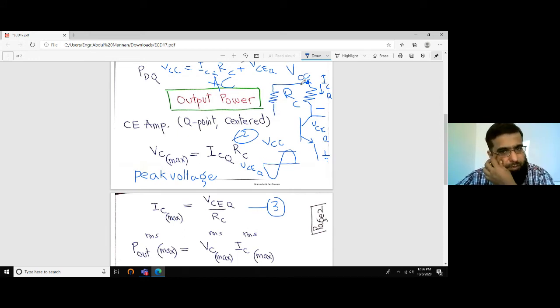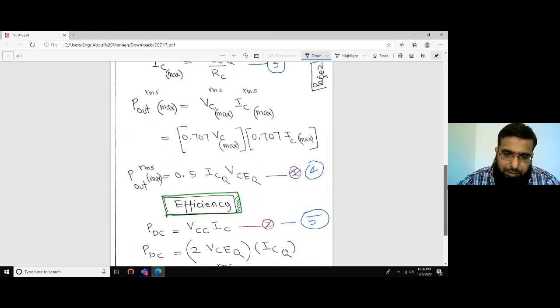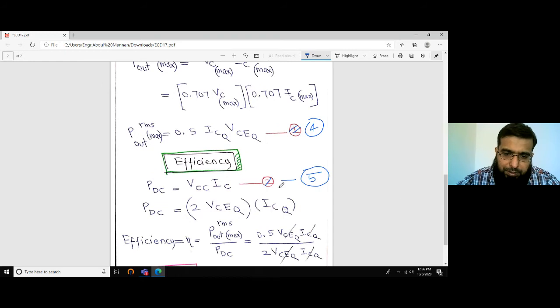Since VCC is supplying two currents, ICQ plus IP, but since IP is very small compared to IC, we neglect that and we'll consider only IC. So VCC times IC is the max power that it is supplying.